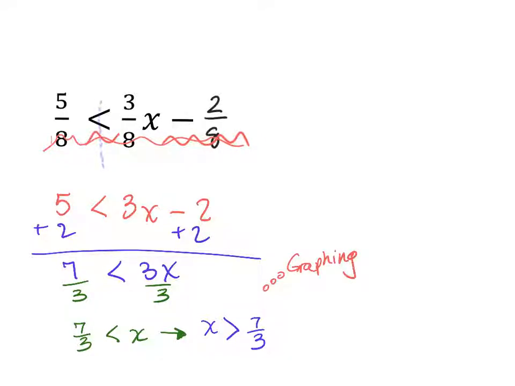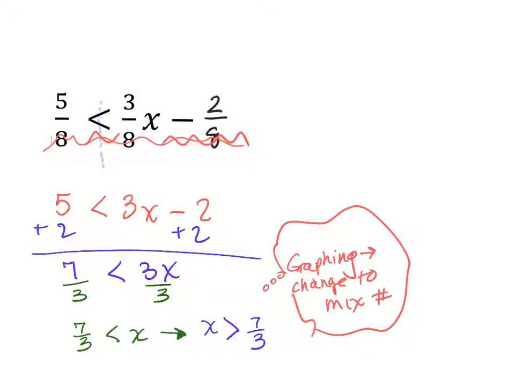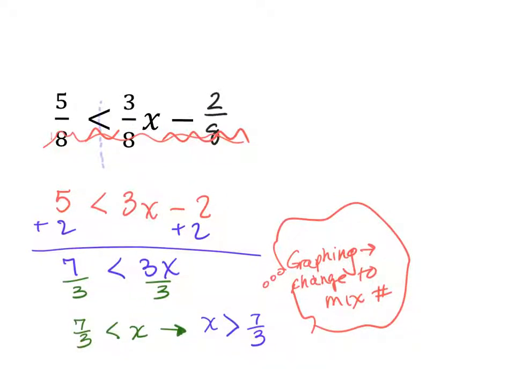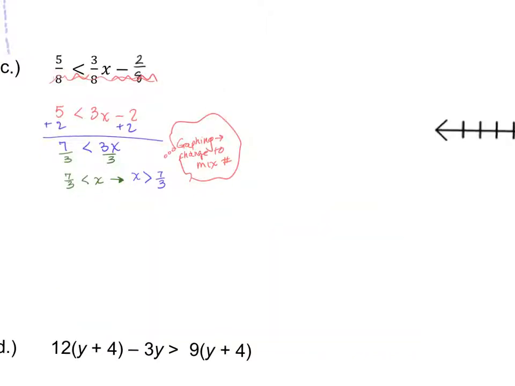So you need to change it to a mixed number so that you can see where exactly it goes on the number line. So with this, if you think about what the 7/3 represents, you know that 7/3 is really 7 divided by 3, and 7 divided by 3 is 2 1/3. So x is greater than 2 1/3.